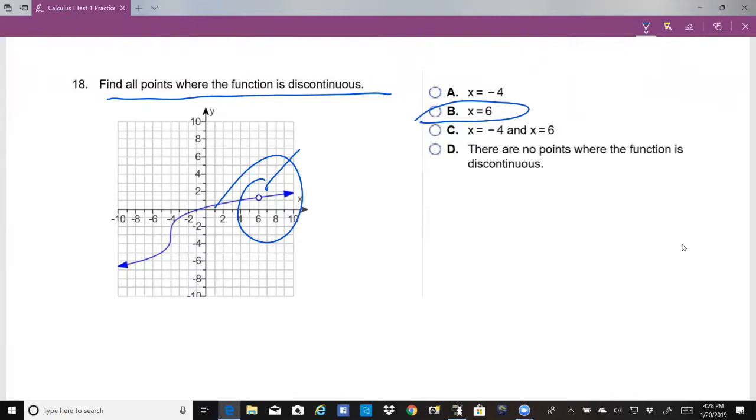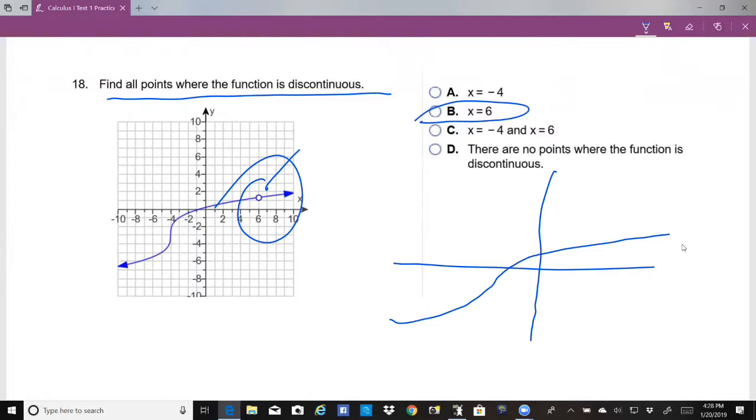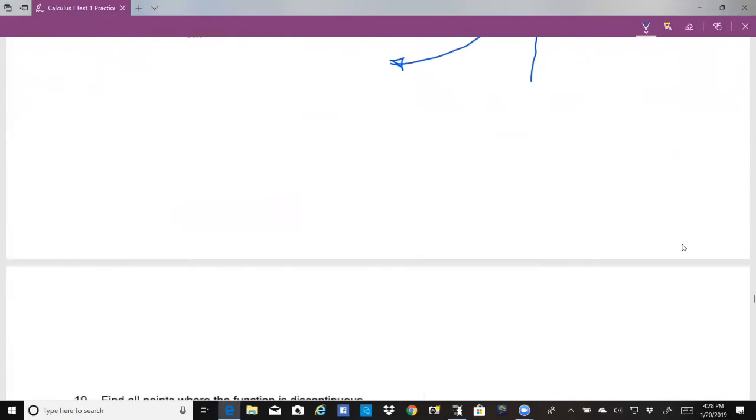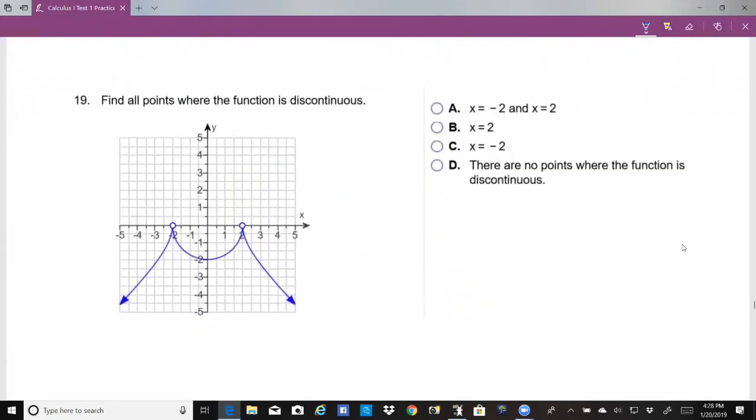If the graph had looked like this, with no holes, you would have said there are no points where it's discontinuous. So look for holes and look for jumps. Next problem, you just need to look at everything carefully.